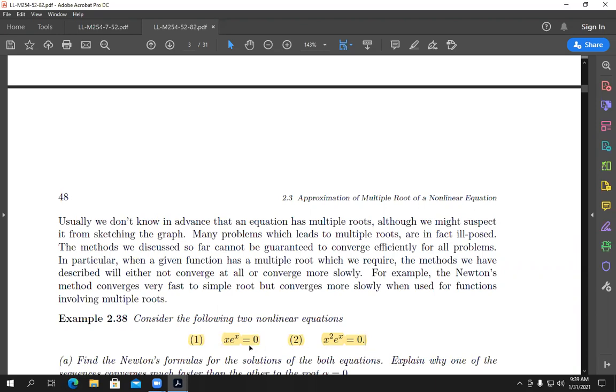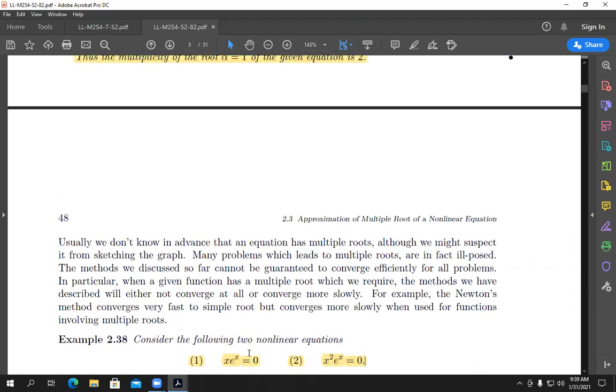I say, if I use Newton method, then Newton method for one equation is very good, meaning it converges very fast, and for the other it converges very slowly.